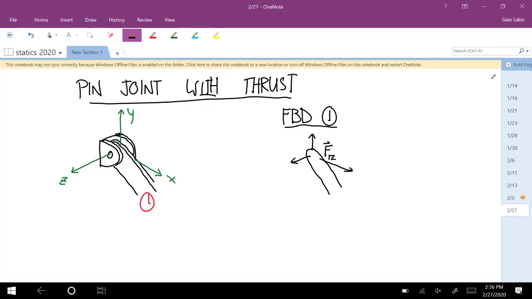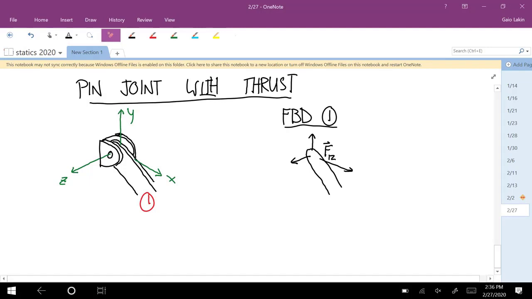And now let's think about rotations. Can I rotate it like this? No. Can I rotate it like twist it? No. But I can still do this. That's what it's for. And so there's no couple applied about the z-axis, but there is about x and y.